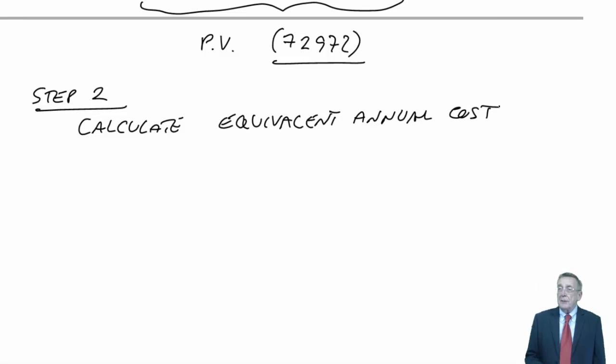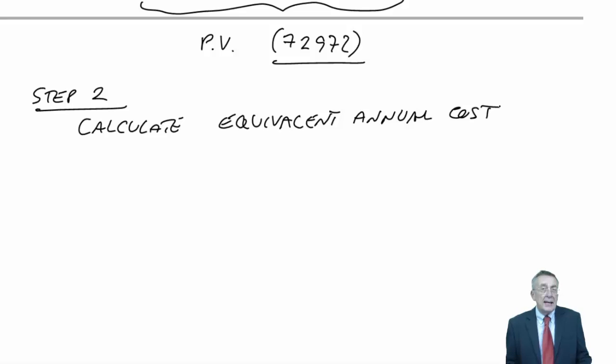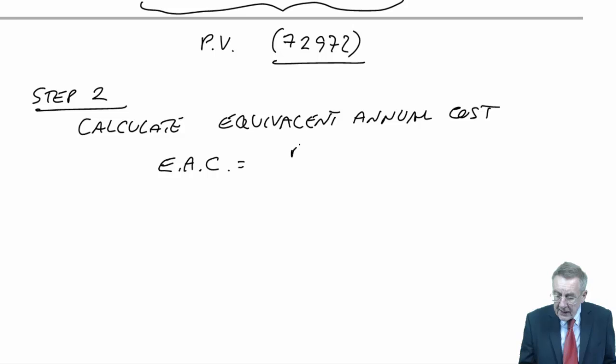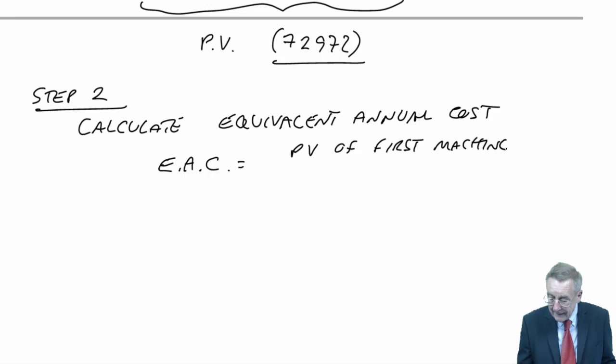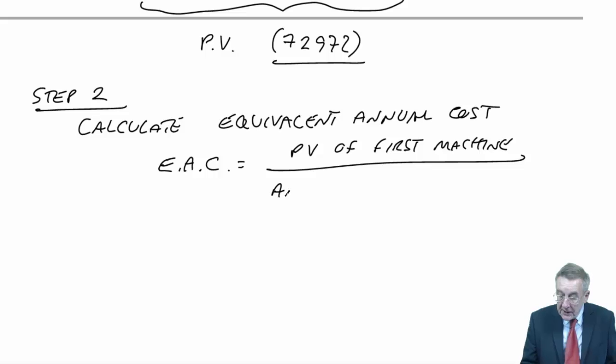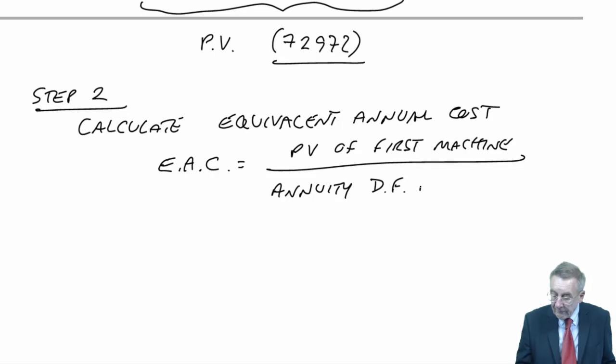Now I'm going to write this here purely as a formula and then do the figures, and then I'll explain why. Because it's easy to explain why when we actually see the figures. But the equivalent annual cost, we take the present value of the first machine, which we've just calculated, and we divide by the annuity discount factor for the replacement period.